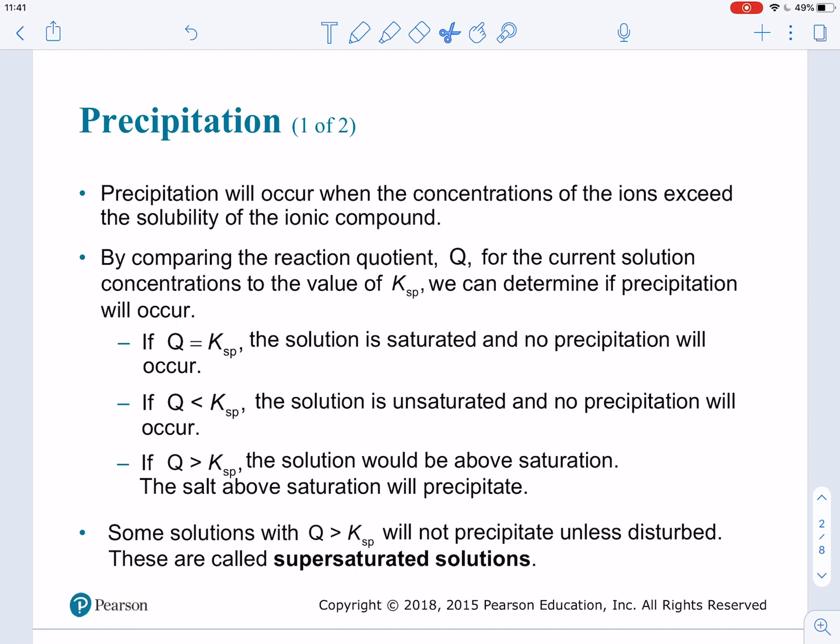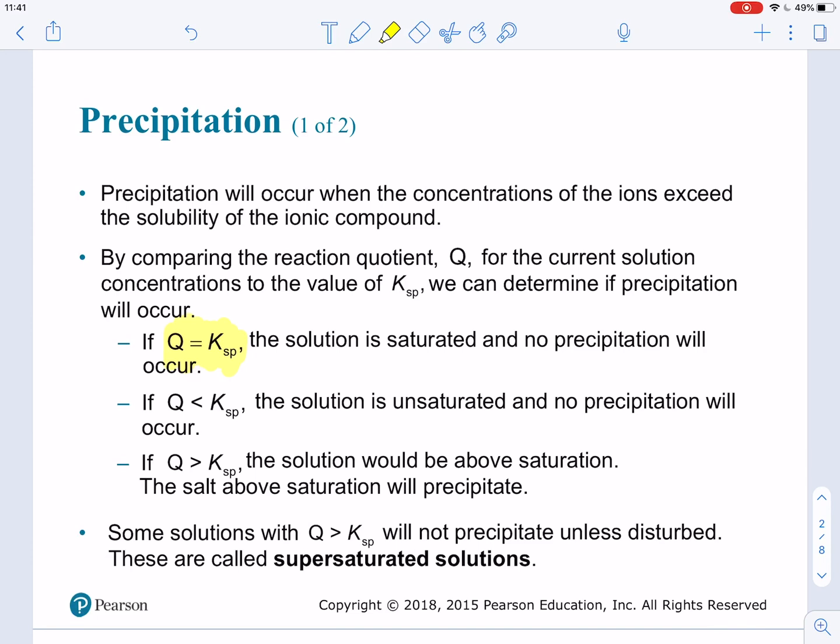So things to consider here is that if the reaction quotient is equal to the KSP, well, normally you would say that the system is at equilibrium, right? Well, an equilibrium here for precipitation means that there will not be precipitation. So the concentrations are such that your system is at equilibrium.